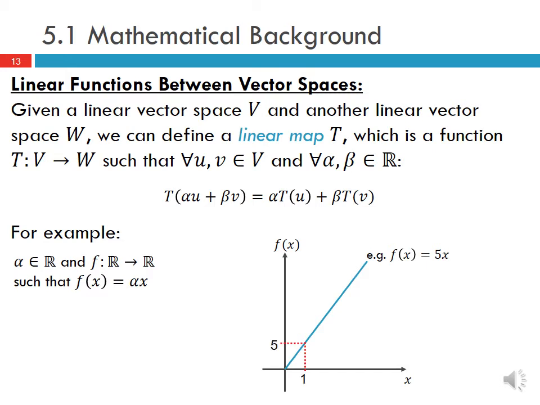It takes a value of x and gives me a value of f of x according to this equation. If I take 1, I get 5. If I take 2, I get 10. If I take x equal to 3, then I get 15. If I take x equal to 4, then I get 20. So it takes these values of x and maps them onto these new values f of x.